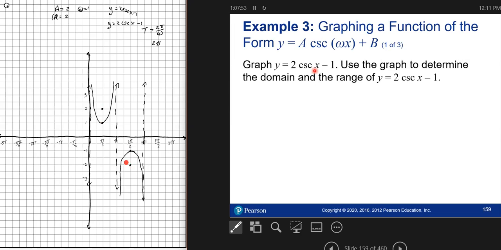And I think at pi over 4, the sine is 1/2, so the cosecant is going to be 2. But now I'm going to multiply that by 2, so it brings it up to 4 at those two values.